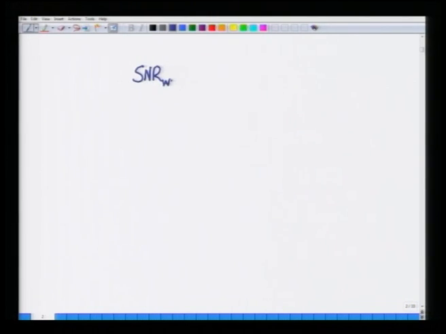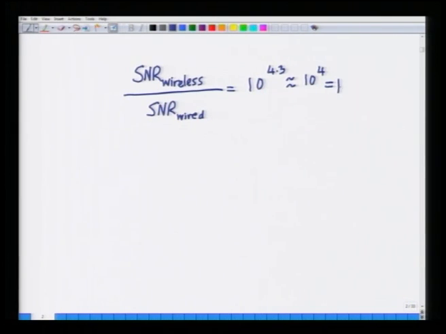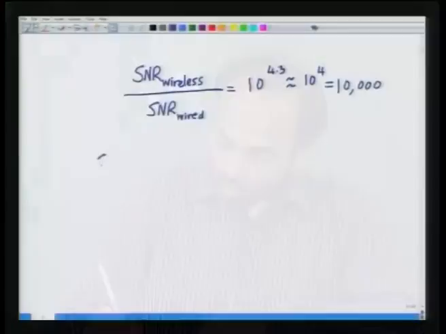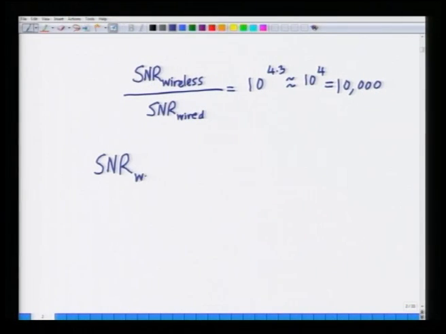SNR wireless divided by SNR wired equals 10 power 4.3, that is approximately equal to 10 power 4, equals 10,000, all right, which means SNR wireless required equals 10,000 times the SNR of a wired communication system, all right.